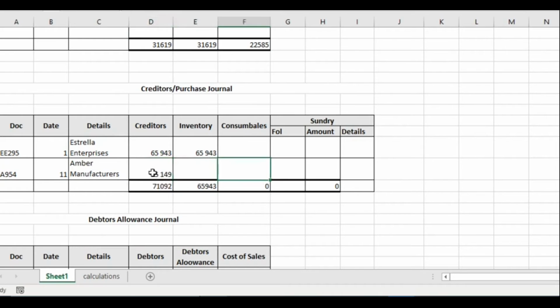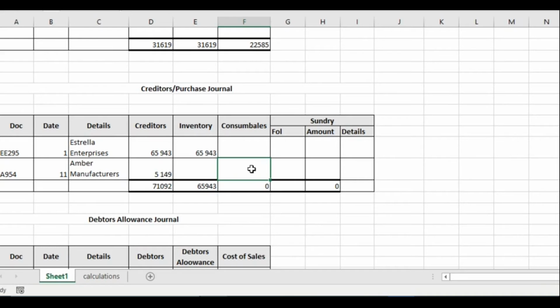But if you read along, it says we purchased the desk on credit from Amber Manufacturers as well as consumables of 500. This basically means that in this 5,149 we have consumables worth 500 rand. So basically our consumables are 500 rand.